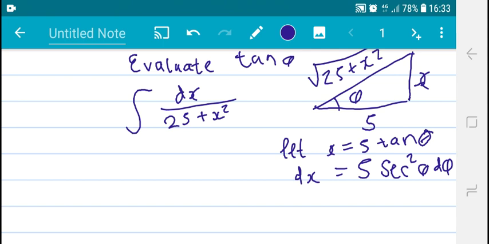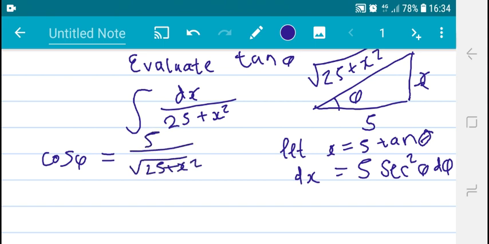And now I have this term here, and I'm trying to find a way to substitute back. When I substitute back into this equation, I should get this term. And I'm going to do that by using the cosine. So the cosine of the angle is adjacent over hypotenuse, which is 5 over the square root of 25 plus x squared.